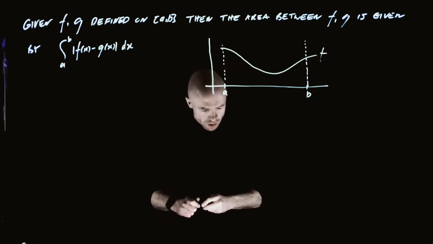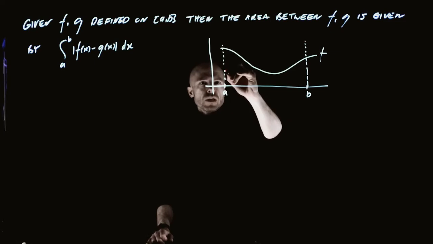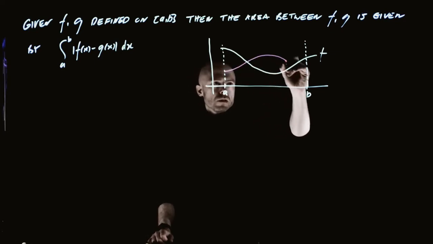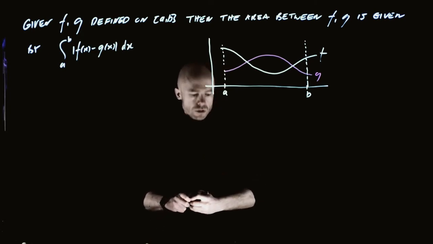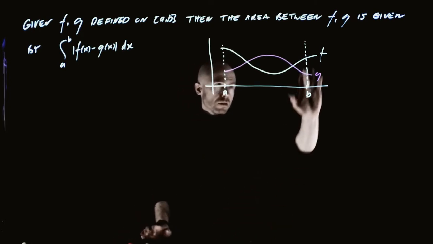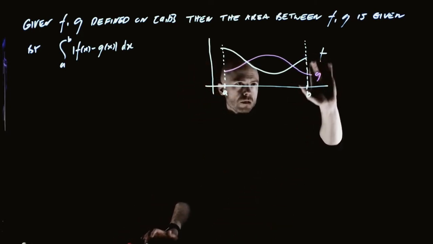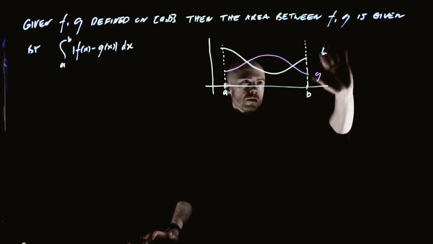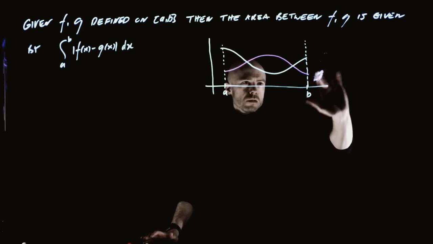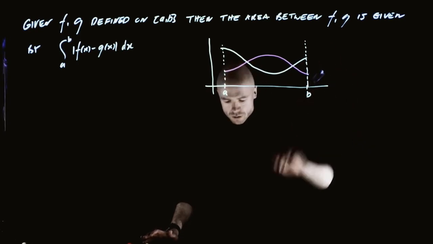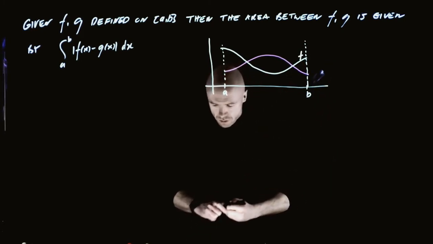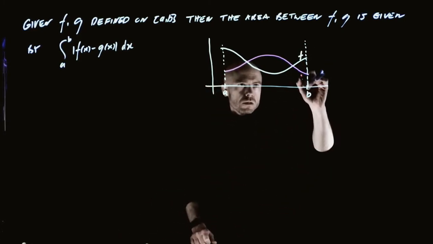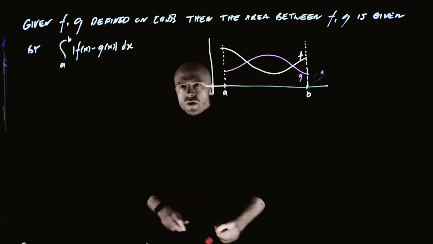And let's draw g that does something like this. This is g. I want them sticking up like this. F and G.